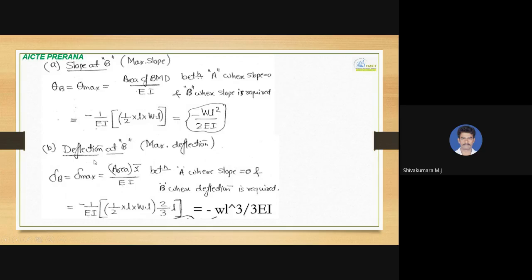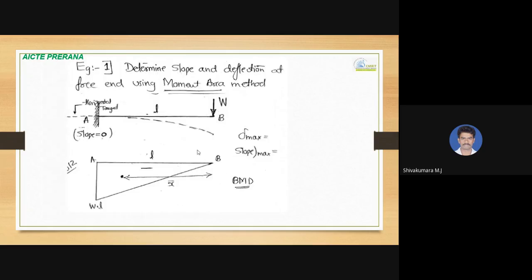And now, if you come for deflection at B, we'll take moment of the bending moment diagram, right? So area into x bar divided by EI, where this area we will be taking between A and B again. So about B, we are taking moment of this area. Half into L into WL is the area, and we should multiply this area by the distance.